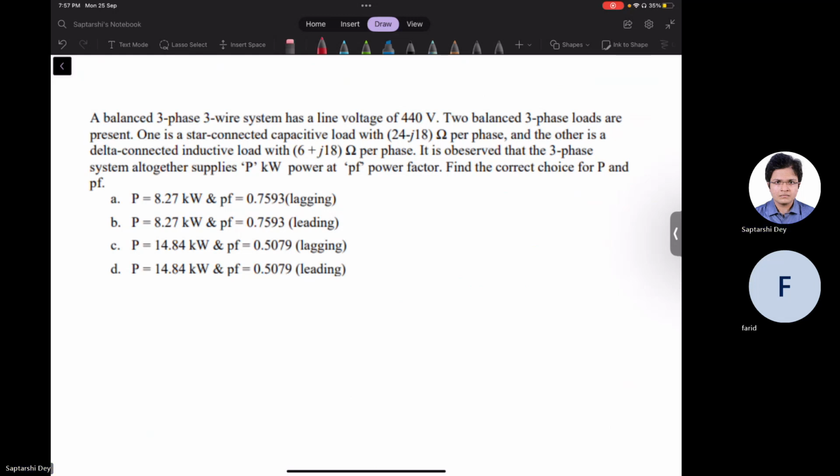Okay. So the star connected capacitive load is, I'm not drawing the capacitor and resistors, this, and the delta connected inductive load.